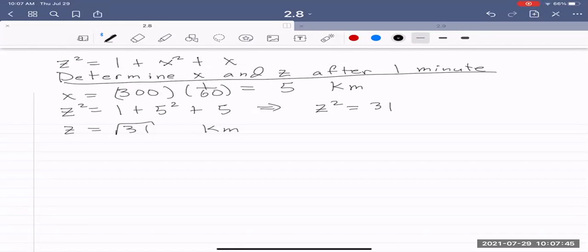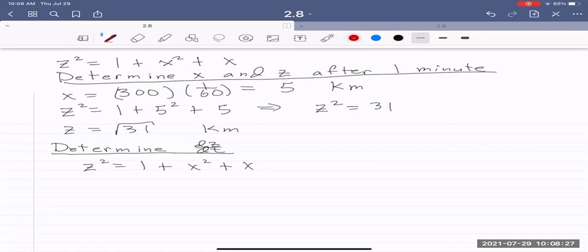So z squared equals 1 plus x squared plus x.